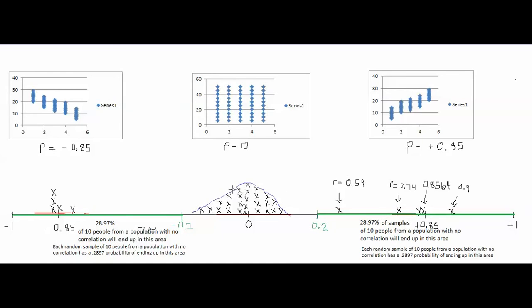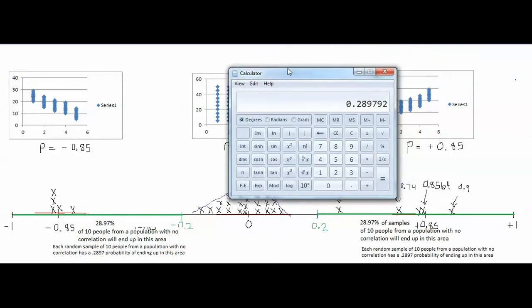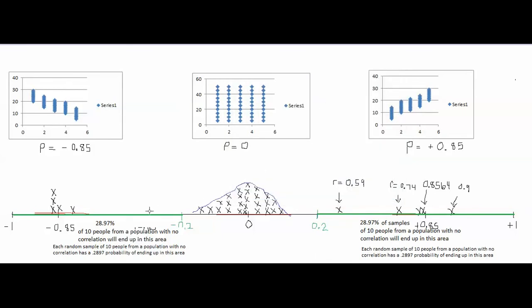So let's add those two probabilities. 0.2897 plus 0.2897 equals 0.5794. So there's a 0.5794 probability of the sample ending up in one of the two green areas.